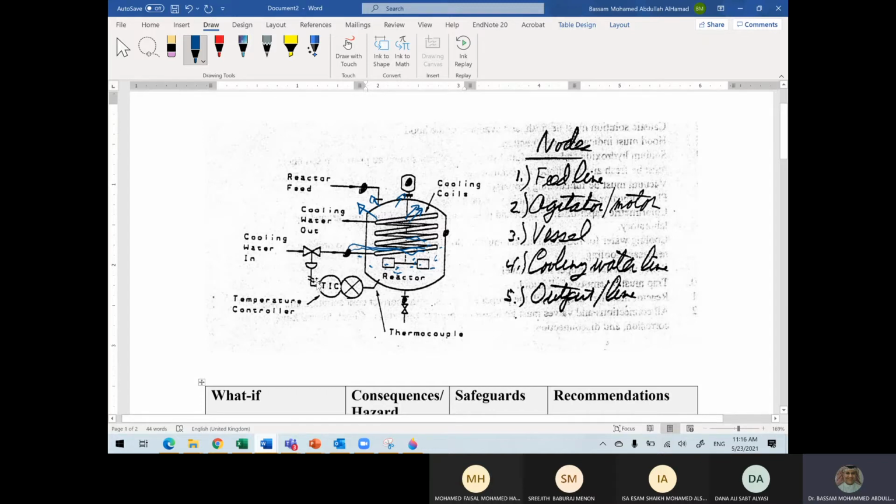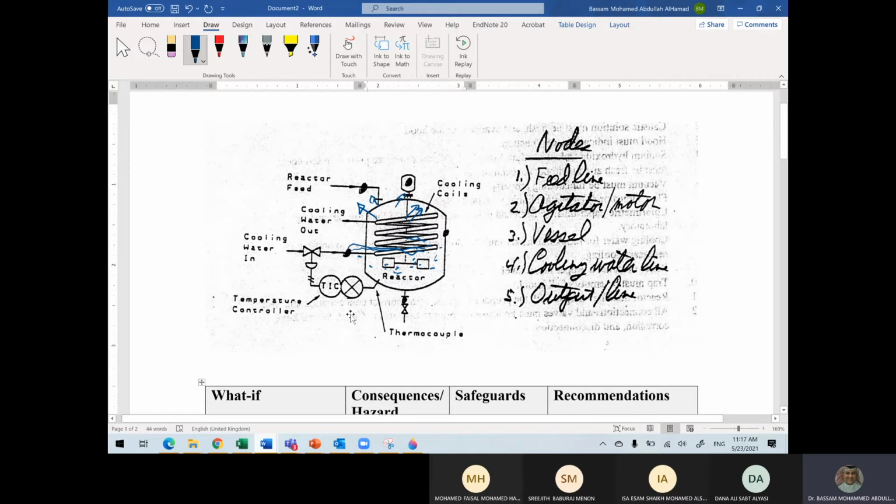The temperature controller says that if the temperature inside the reactor changes, whether positively or negatively, and if it was, for example, 25 degrees, and that is your set point, and it went to 27 or 28 or from 20 to 18 and whatever, the switch is going to put on the temperature controller, and the temperature controller is going to take an action on this cooling water. Okay, the flow rate of cooling water.